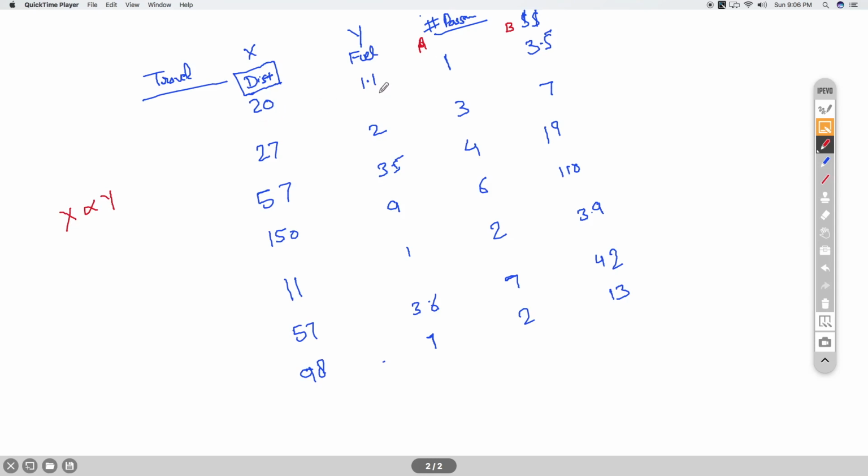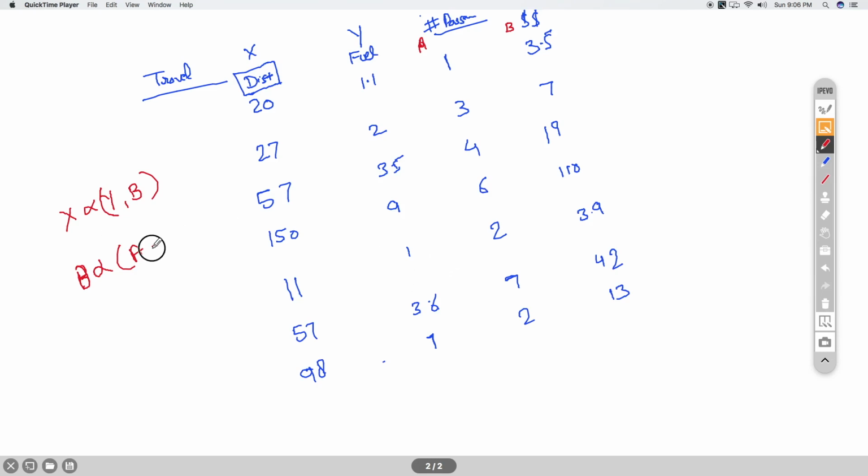Also, X might be directly proportional to Y as well as the amount they are gathering, so I can say Y comma B as well. The number of passengers, which is A, can be in direct relationship with the amount you have collected. So I will say B is directly related with A also. And somewhat, I am not sure, but if there are more people, the fuel consumption is much higher.